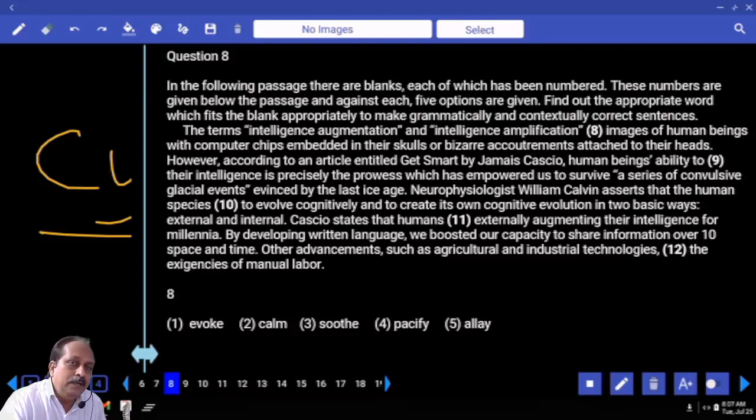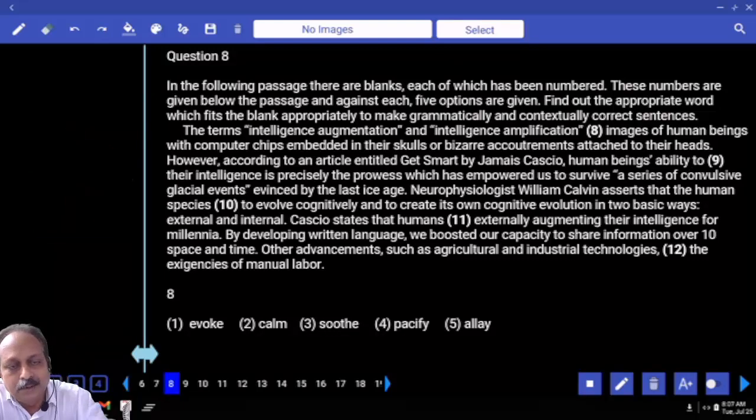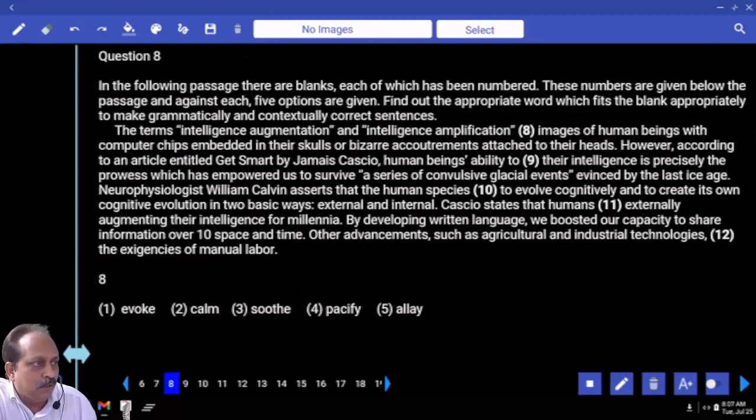How many years ahead? 6 years ahead of the world. And they're doing wonders, in fact. Today all know AI, what sort of wonders it has been creating. You got the answer for the first one? We'll continue. However, according to an article entitled Get Smart by Jamais Cascio, human beings' intelligence, ability to what?